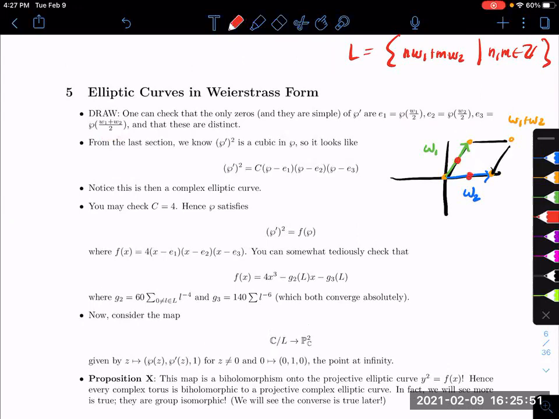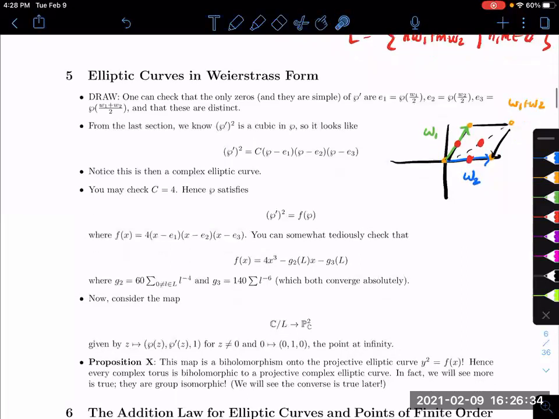They live at the halfway points, in the center of the parallelogram and at the center of each of the sides. Once you identify all the sides to make your torus, this side will be identified with this side, so you'll have a single point on your torus as one of your zeros, and then two other ones, because these horizontal sides will also be identified. And then this middle one will just be somewhere on the torus. So those are the three places in the parallelogram where the zeros come from, and rho of those red points are the zeros of rho prime.